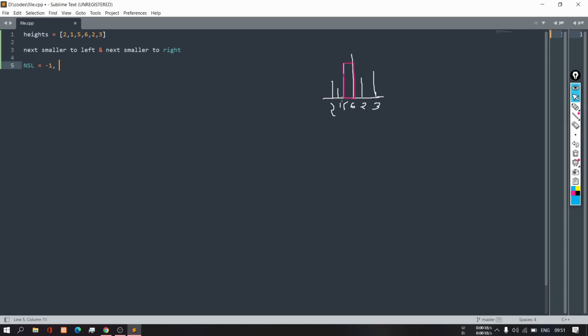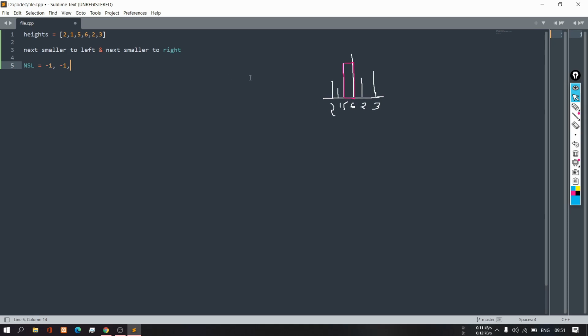Then we try to find out for 1. Again there is no smaller element on the left side which is less than this one, so I will again put -1, as we are going outside of the array from the left side.